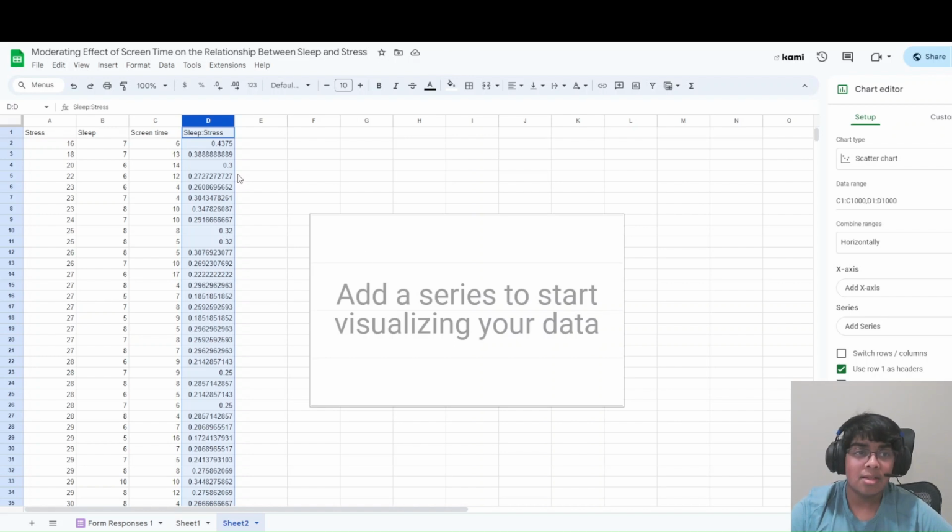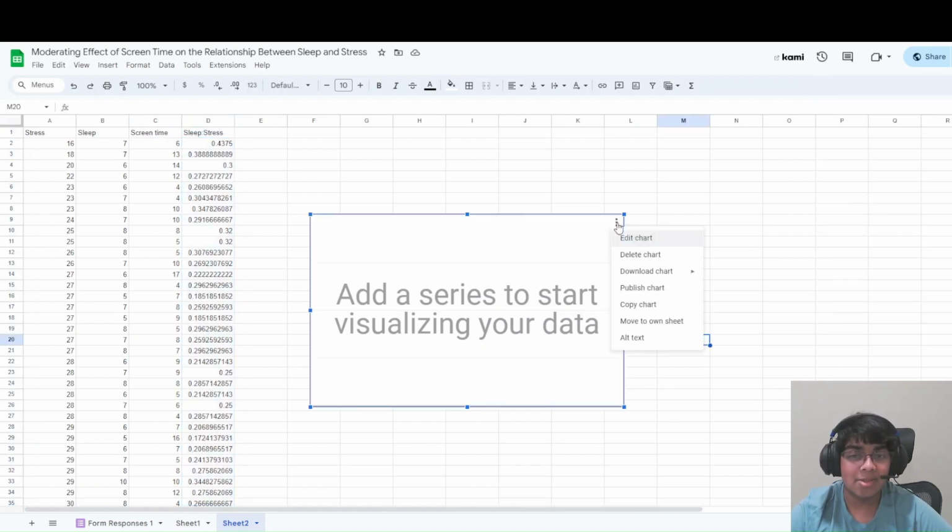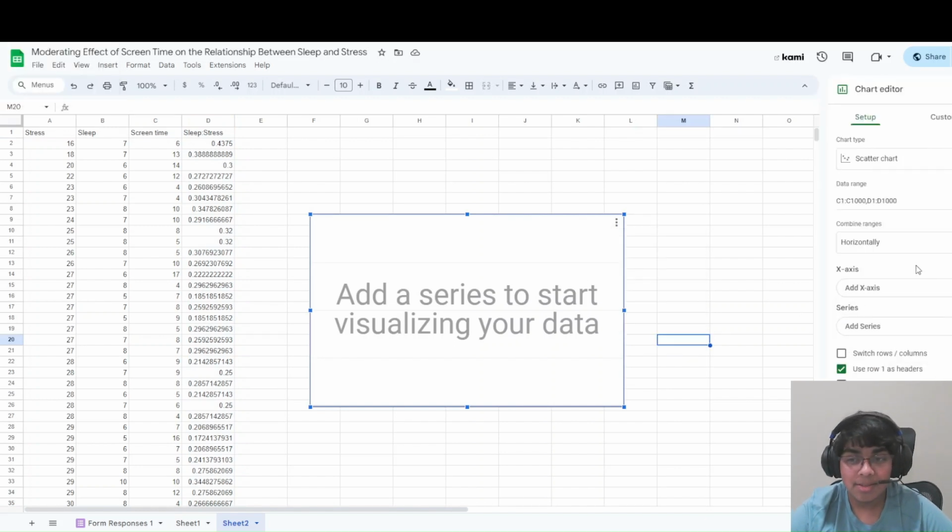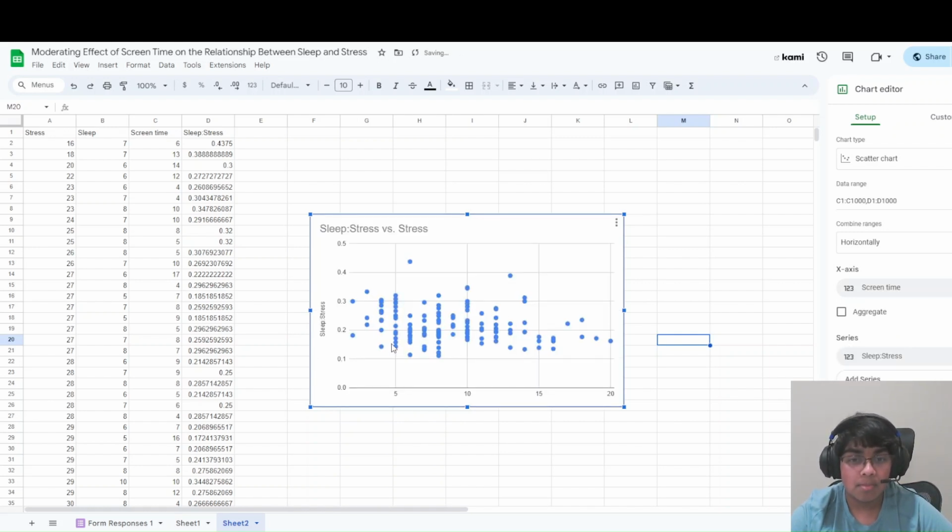Since we want to see the effect that screen time has on the sleep stress relationship, to the x-axis we add screen time, and to series, which is the y-axis in this case, we add the sleep stress relationship. Now we have our scatter plot, and this displays all of the data points created with the x-coordinate in C and the y-coordinate in D.